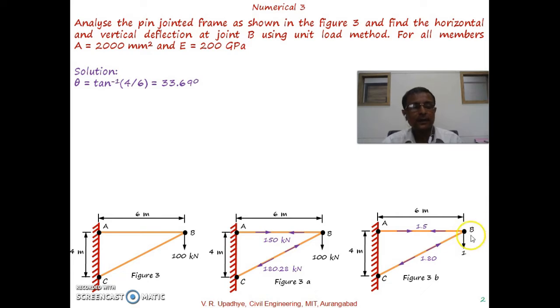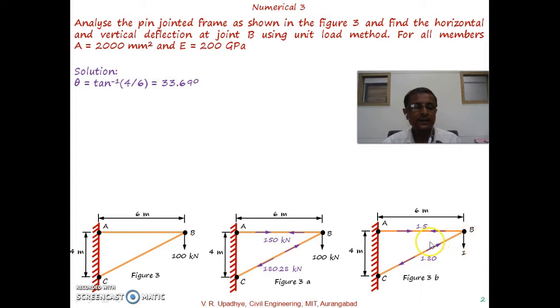If you apply summation Fy equal to 0, then FCB sin 33.69 must be equal to 1, or FCB will be 1 divided by sin 33.69.